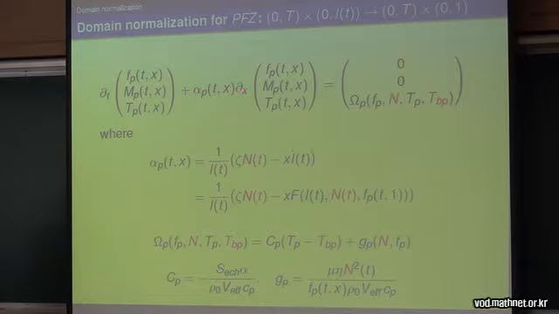So as a mathematical treatment of this model, the first step is to do the domain normalization, so that, for example, for the partially filled zone, we do some change of variable so that the domain can be normalized as a fixed one here.